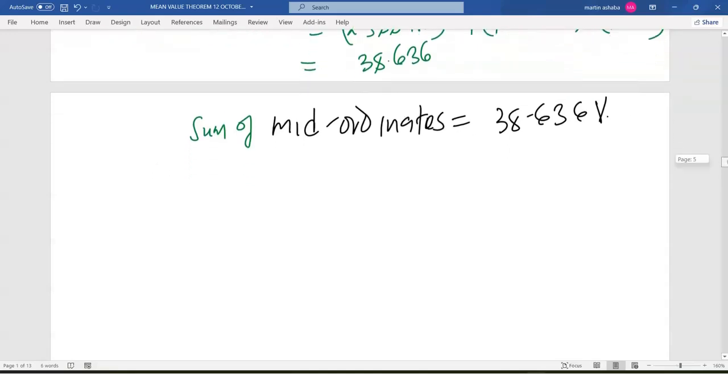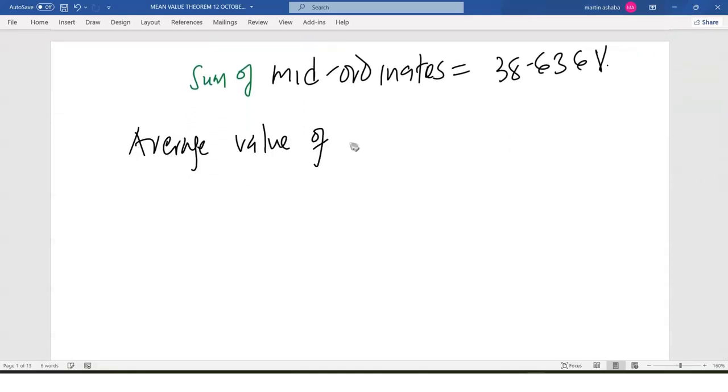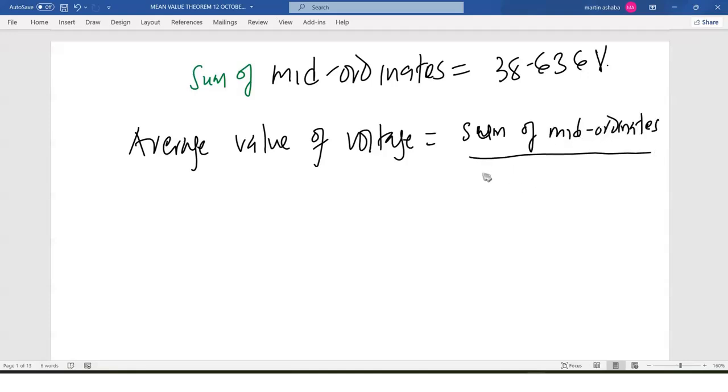So to get the average value of the voltage, it will be the sum of the mid-ordinates divided by the number of mid-ordinates.